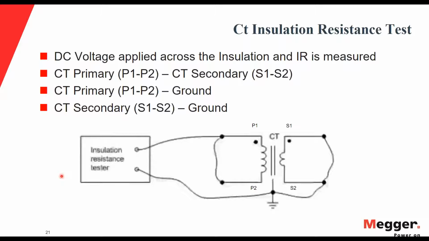When you have window type CTs, usually you don't have to really worry about the primary sides of your CTs, since these CTs do not really have a primary. The primary is the cable itself, or the conductor itself, and you're already going to test it during the cable testing or commissioning for the insulation. So usually in these window type CTs, you will only do secondary to ground.